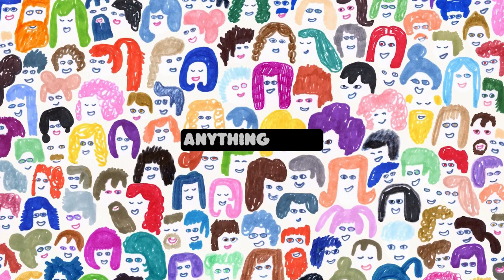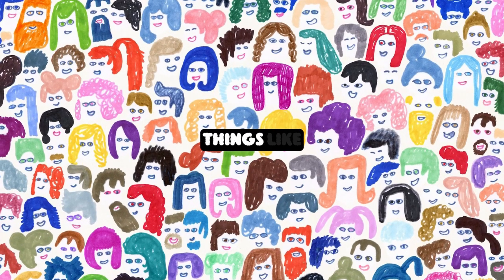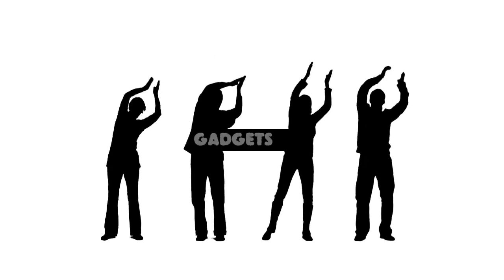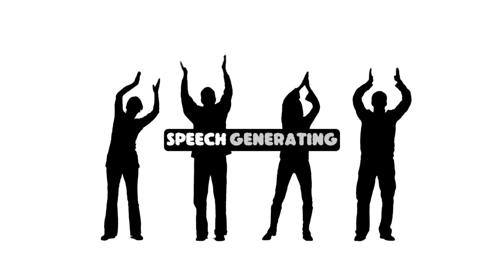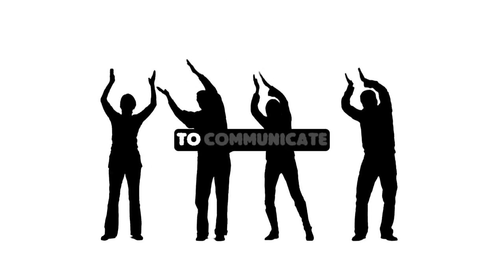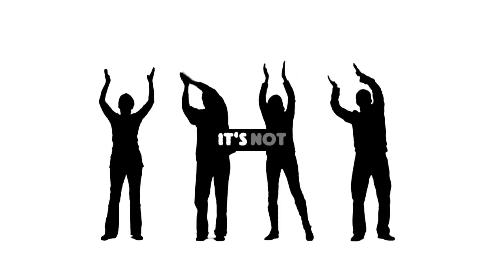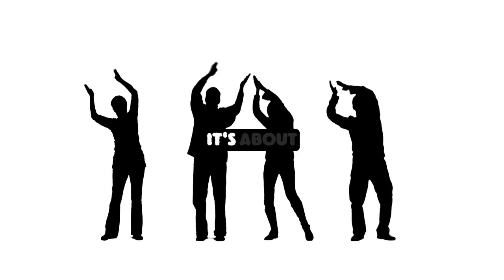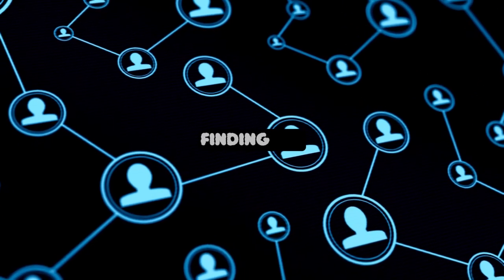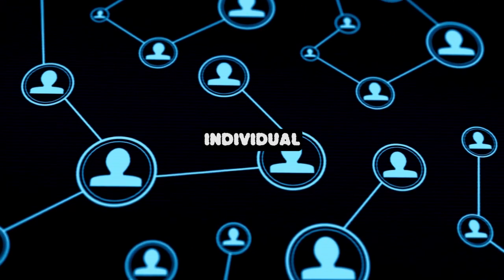And it can be anything from low-tech things like sign language or picture cards to high-tech gadgets like speech generating devices or even using computers or tablets to communicate. And for some people, it's not about replacing speech altogether. It's about making their speech clear or augmenting it in some way. Absolutely. It's about finding the perfect fit for that individual and their needs.